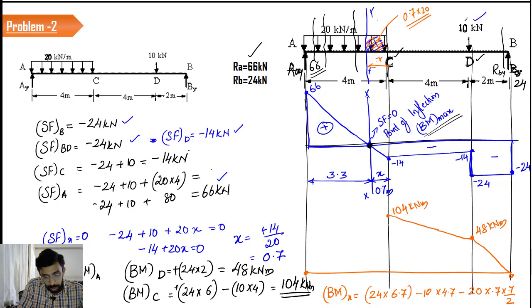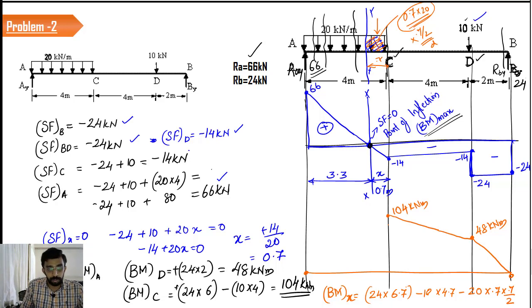This is going to act in the midway of this particular section, that is 0.7 by 2. So this is going to be the distance d, and this is going to be the load. So load into perpendicular distance: 20 into 0.7 is the total load, acting at 0.7 by 2. We have taken the distance from the sectional plane x.